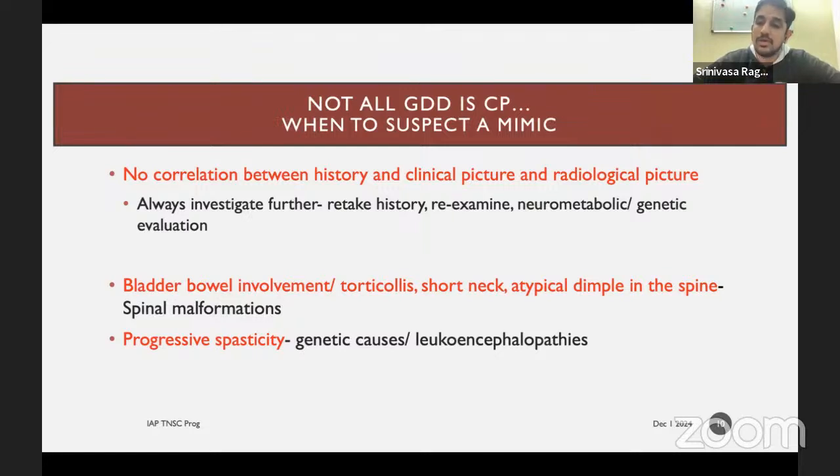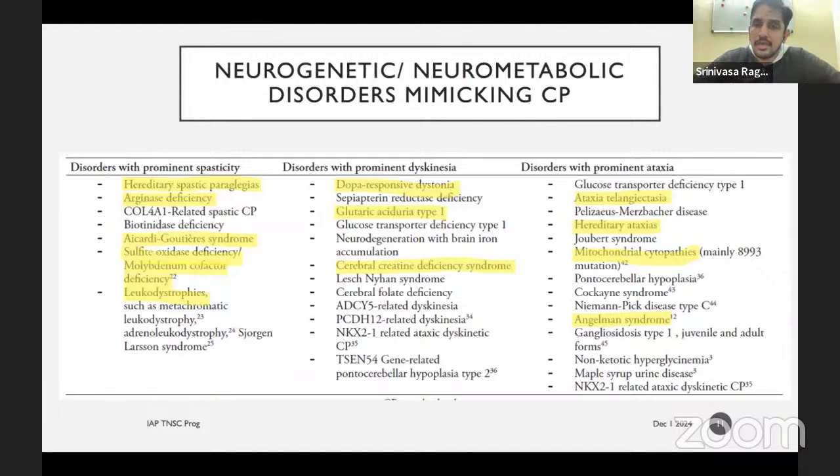And sometimes very slow progression can be there, which can be easily mistaken for CP in the early days. So if there is progressive spasticity or progressive difficulty in the child's walking, do suspect genetic causes like leukoencephalopathies. Many neurogenetic and neurometabolic disorders can mimic CP. For example, hereditary spastic paraplegia and arginase deficiency can mimic spastic diplegia.